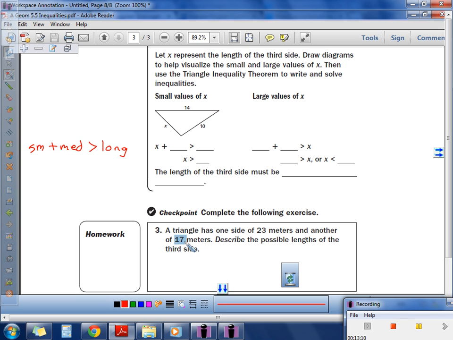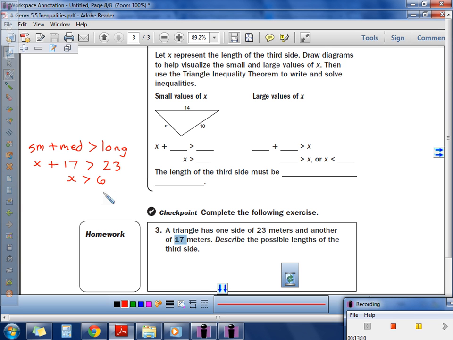The problem is that we have only two numbers and we're missing one. We could be missing the small piece, or we could be missing the long piece. Let's figure out when we're missing the small piece. Let's plug in our other numbers. We have 17 and 23. This is a simple inequality that takes one step to solve. To get x alone, we subtract 7 and we get x is greater than 6.